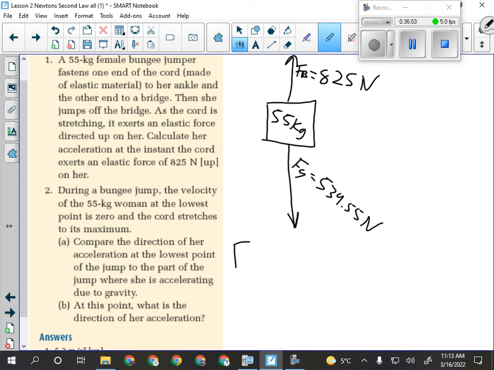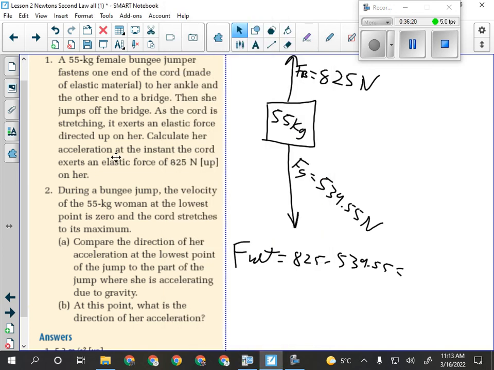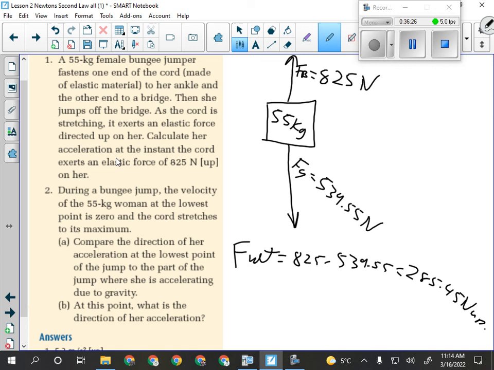No problem. So F net is going to be 825 minus 539.55. All right, 285.45 newtons up is my net force.